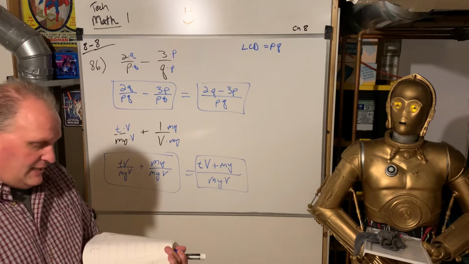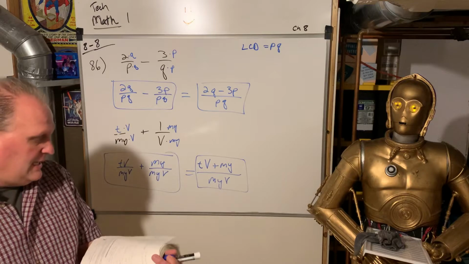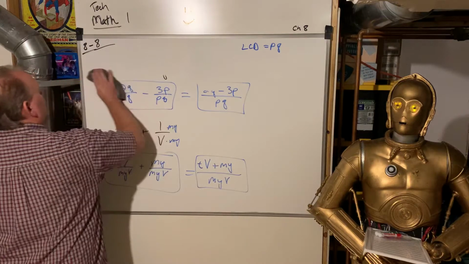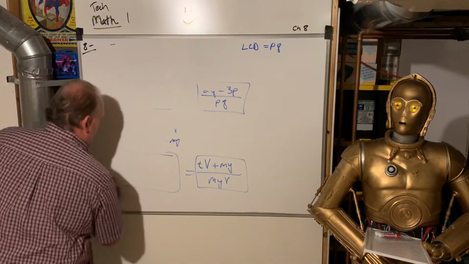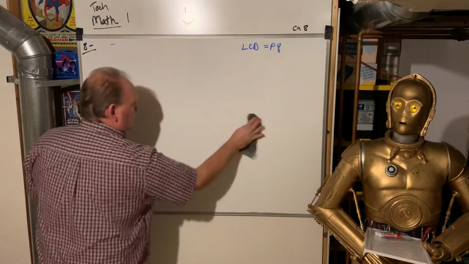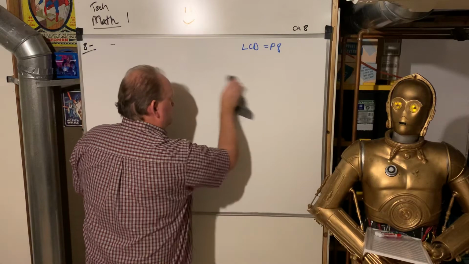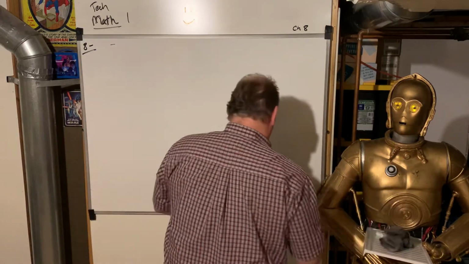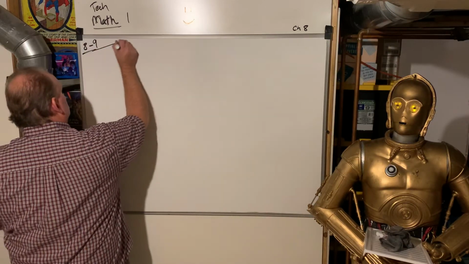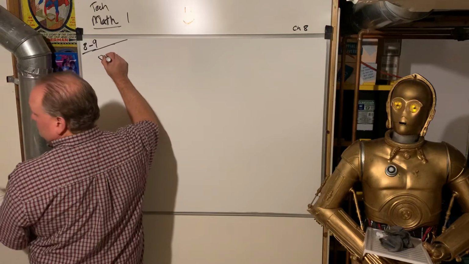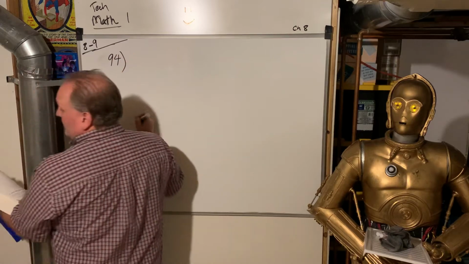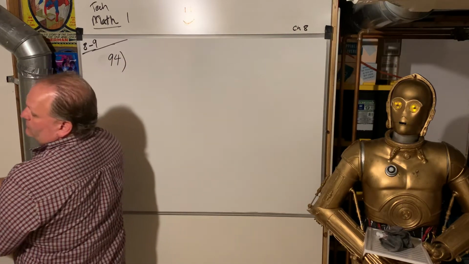Awesome. Then on to 8-9. Let's take a look at 8-9. I want to do 94, that is on page 352.